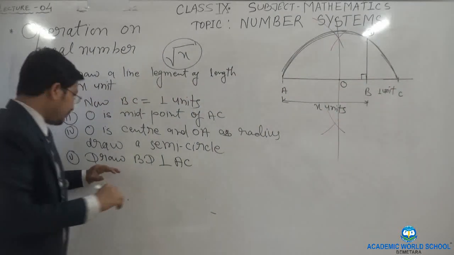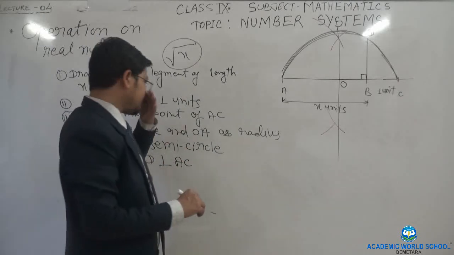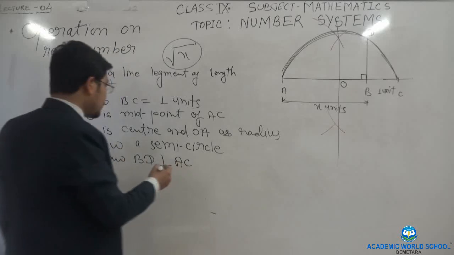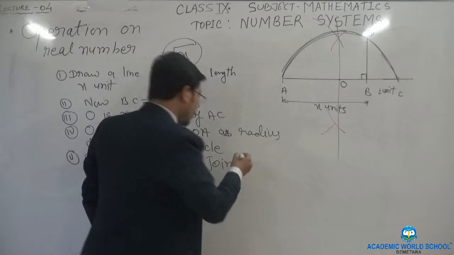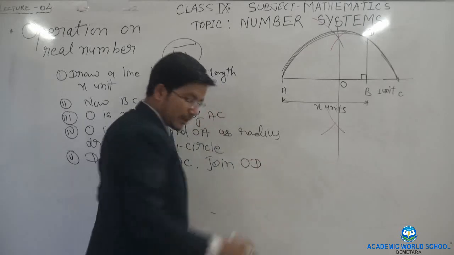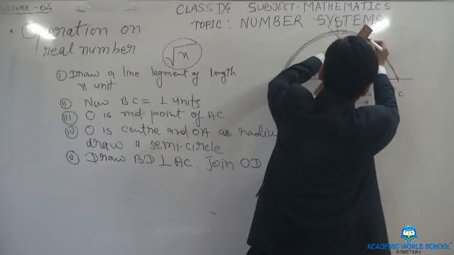We have drawn BD perpendicular on AC. Now we are going to join OD. So this is OD.